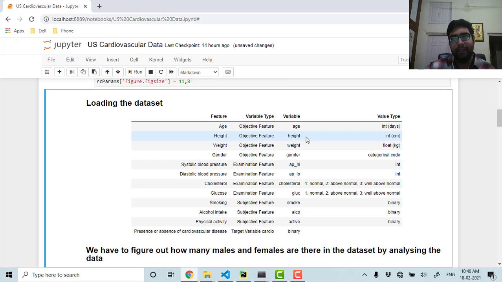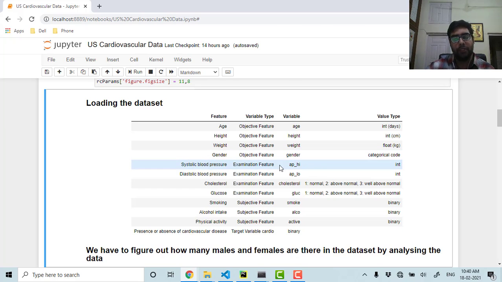Similarly we have height in centimeters, weight in kilograms, and gender, where only 1 and 2 are given, so we have to figure out which is male and which is female. It is a categorical code.